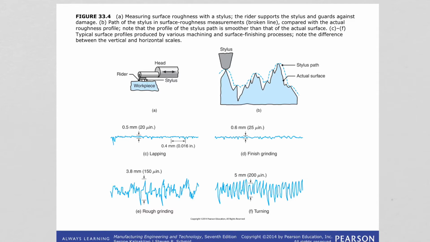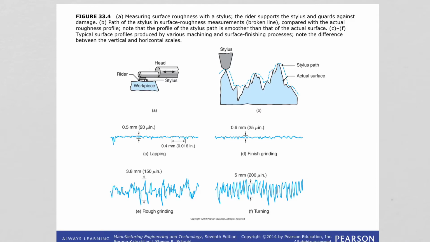So in general, if you look at different finishing operations, what type of surface profiles they result in is given to us from C to F. You see the differences in roughness depending on what type of finishing operation you have.